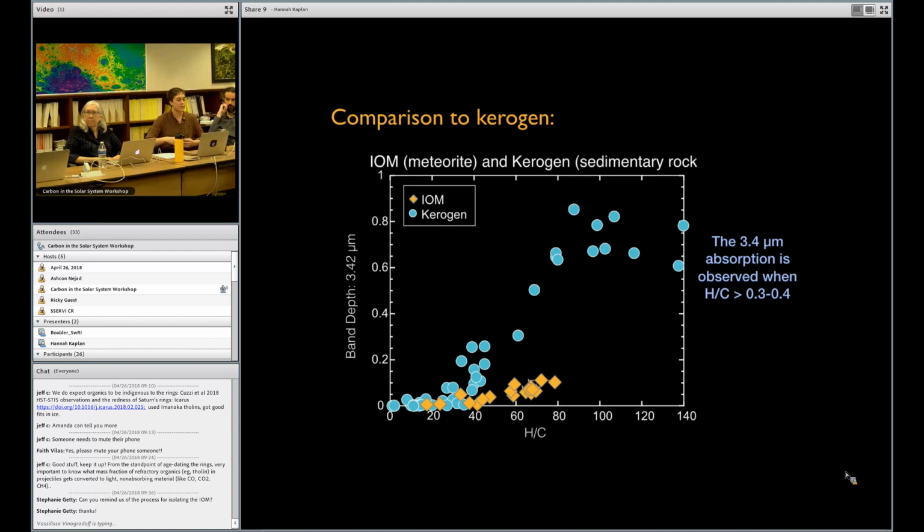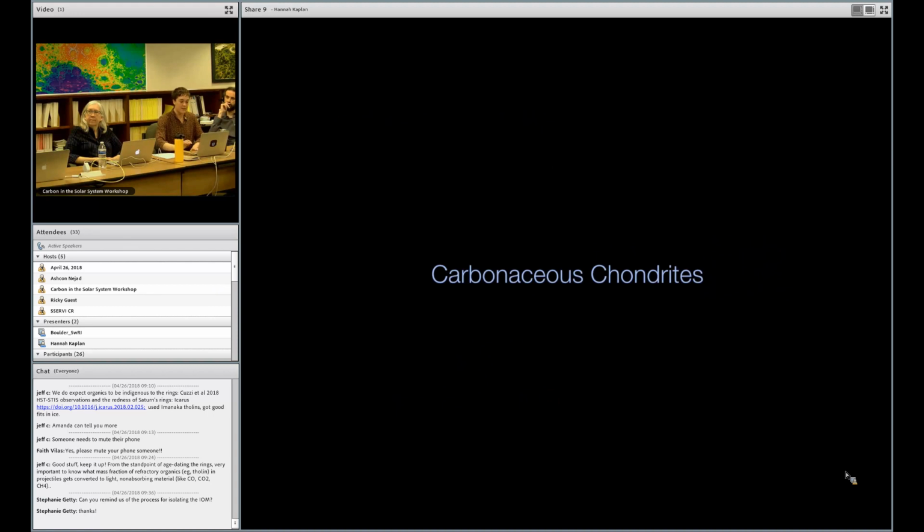So if you're going to go out to another planetary body and model your spectrum with a kerogen, you need to have a good explanation for that, because as far as we know, the kerogen spectra and the IOM look somewhat dissimilar spectrally, and why that is, I don't know. I would love to talk about that for longer, but I'll just leave it at that for now.